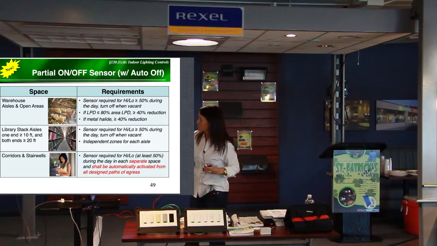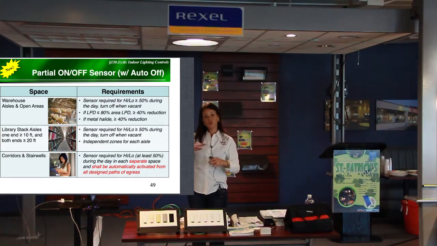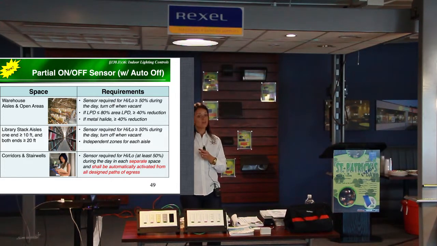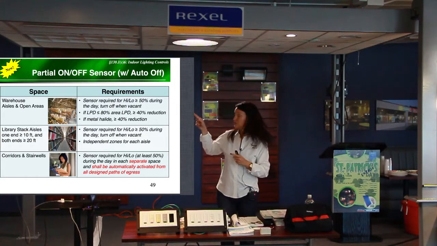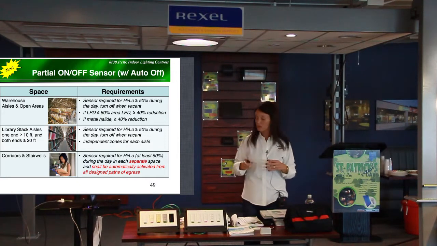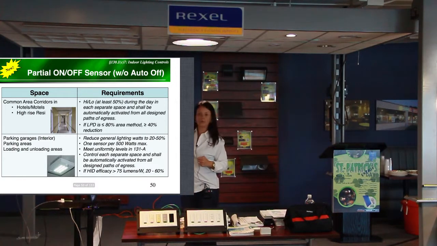The new area here is corridors and stairwells. They used to be exempt from Title 24 auto shut-off requirements. Now you have to do by level and shut off the lights when they're not occupied. So that's a new requirement, and that's going to be a relevant one. Then there's partial on and off without auto off.